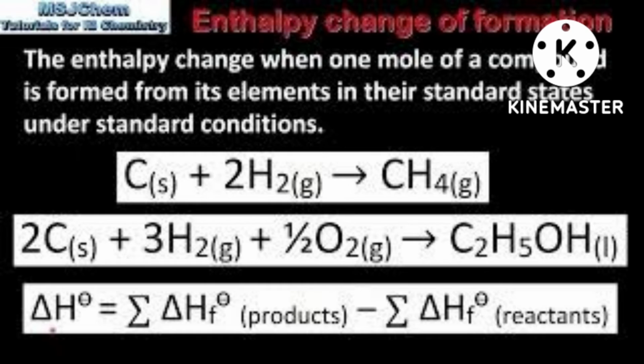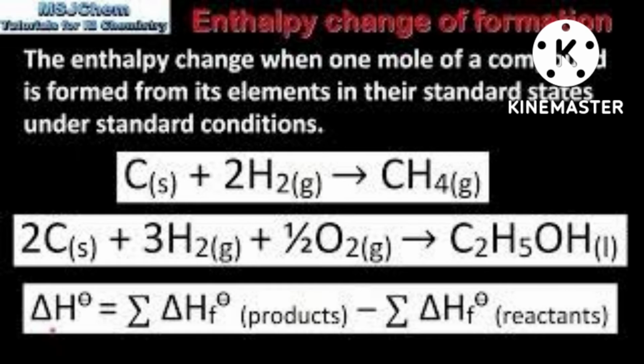In this reaction, 1 mole of carbon and 2 moles of H2 form 1 mole of methane. It is the formation of 1 mole of methane, and the delta H value is minus 74.81 kilojoule per mole.